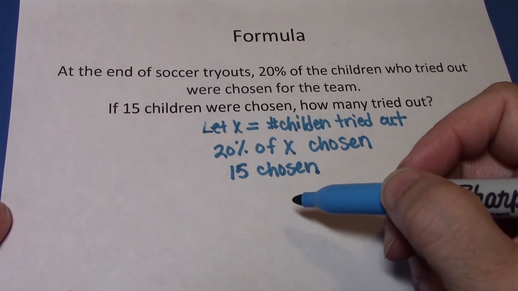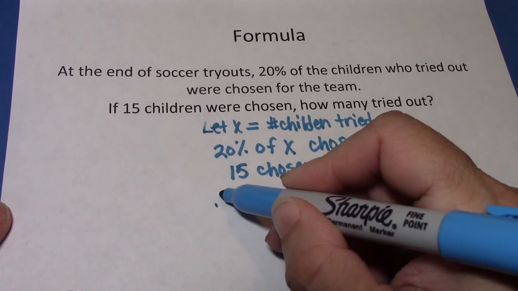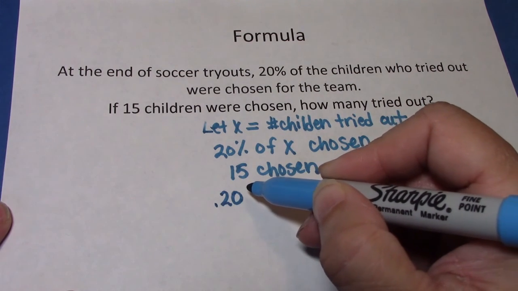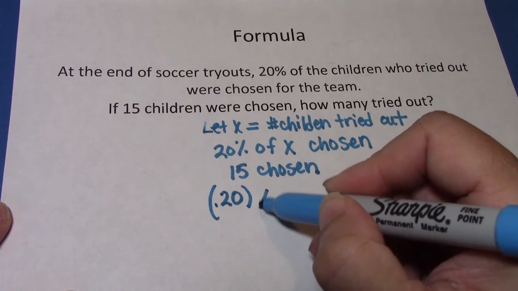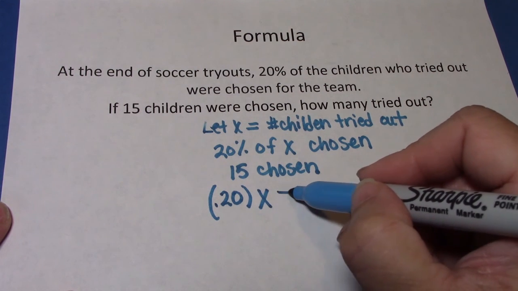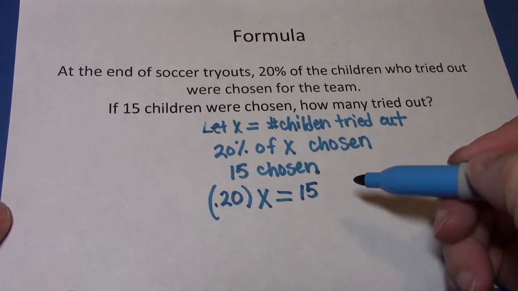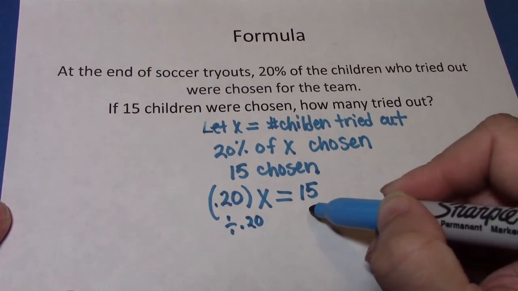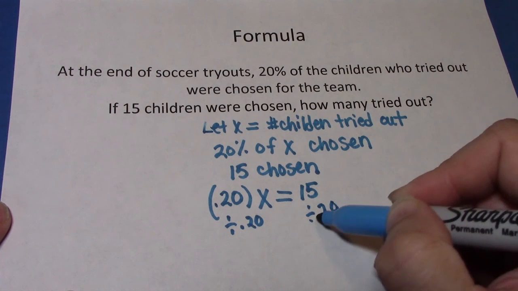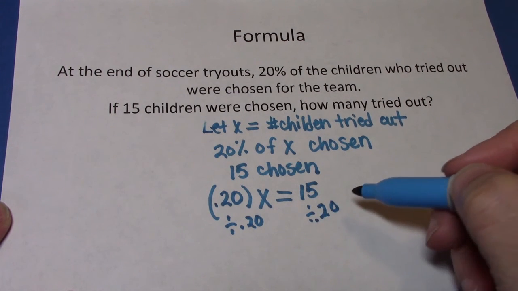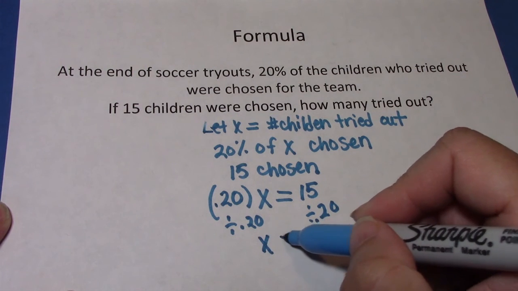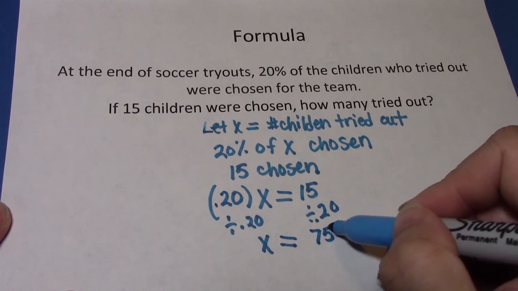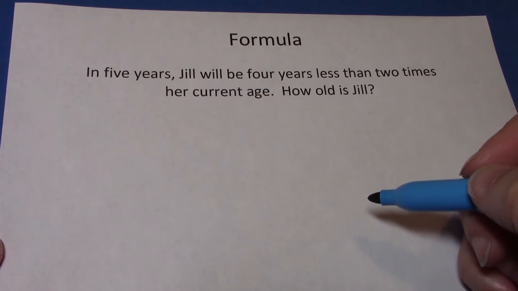So 20%, I'm going to write that as a decimal, of x, times x, in other words, is the same as 15. Now we just need to divide each side by 0.20, or 2/10, 20%, in order to get the answer that x equals 75.